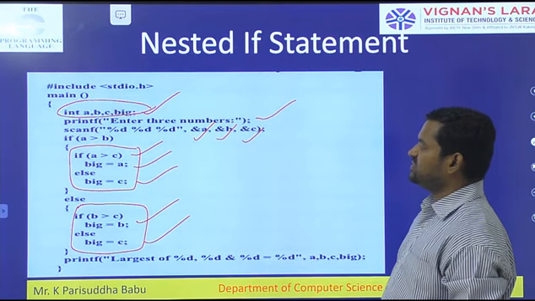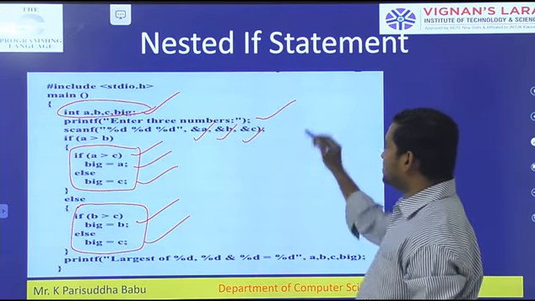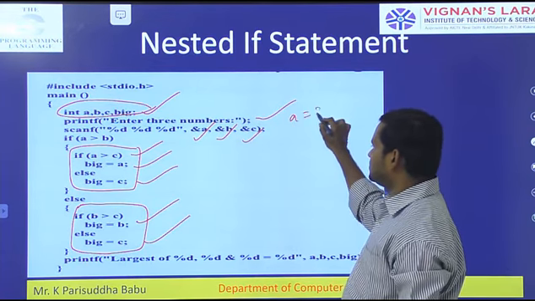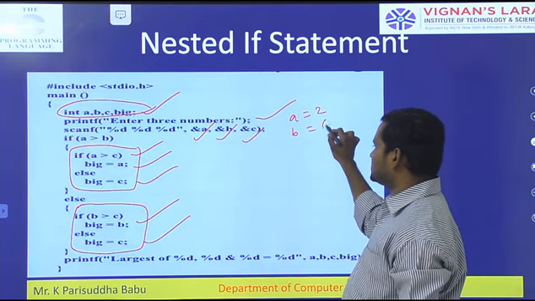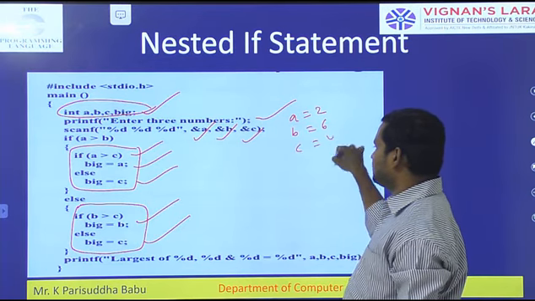Okay. So for example, if I give a is equal to 2, b is equal to 6, c is equal to 4.